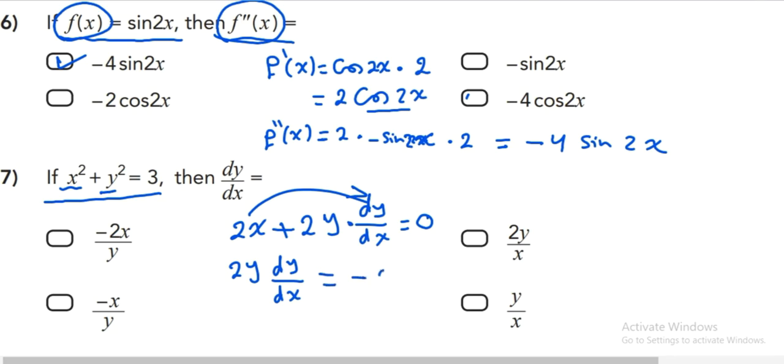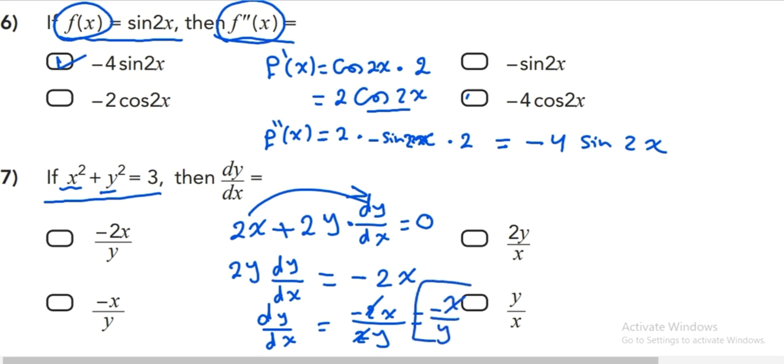So by dividing by 2y, dy by dx equals negative 2x over 2y. Here we don't have the same form, so we have to simplify more. Cancel 2 and 2, it's negative x over y. This is the final answer in the simplest form, and we already have one choice which has the same form, so it's the final answer.